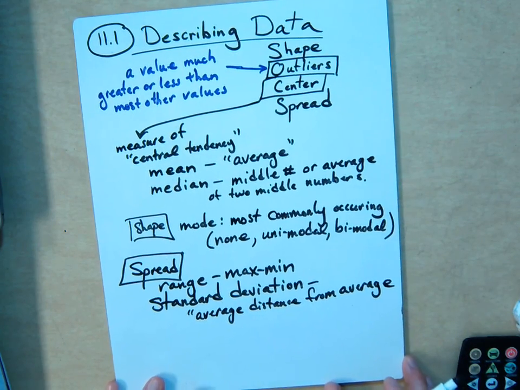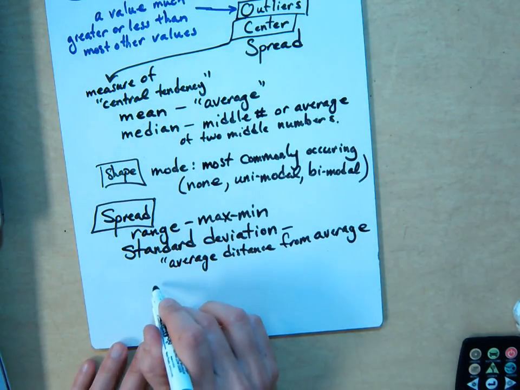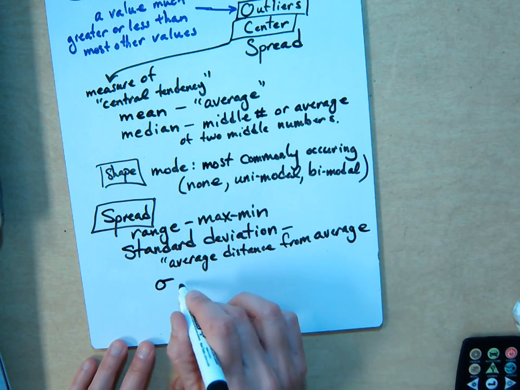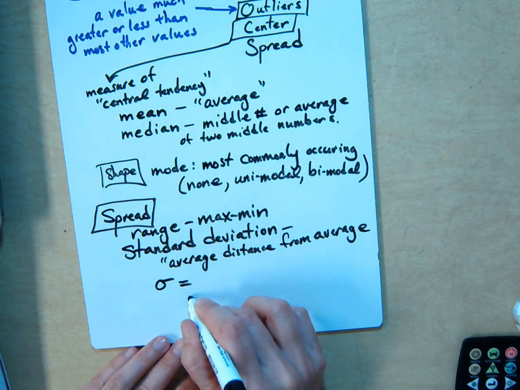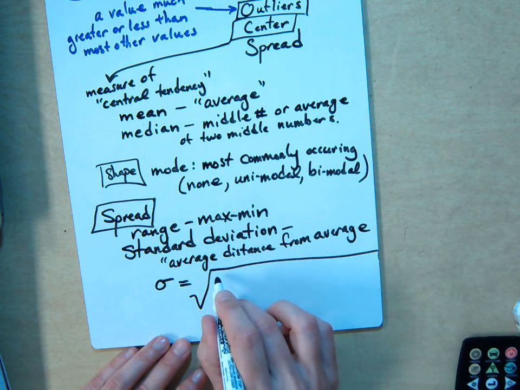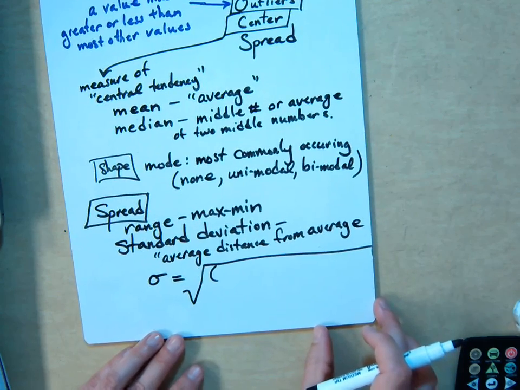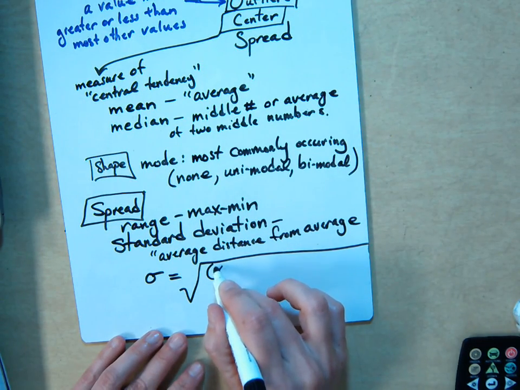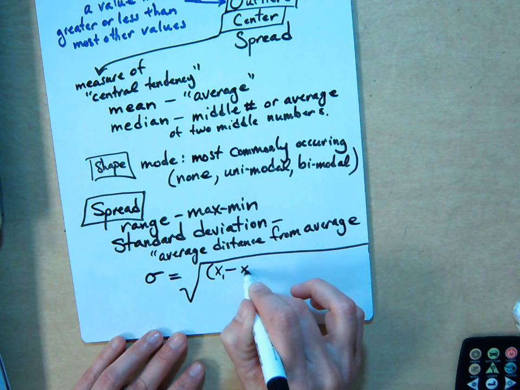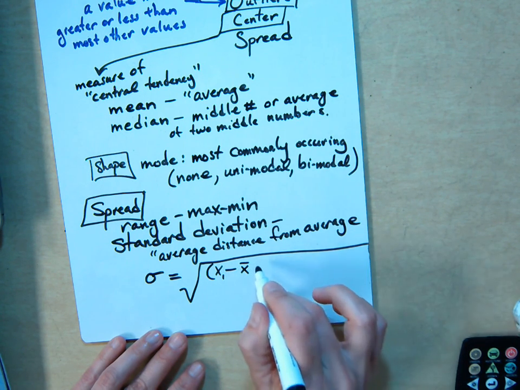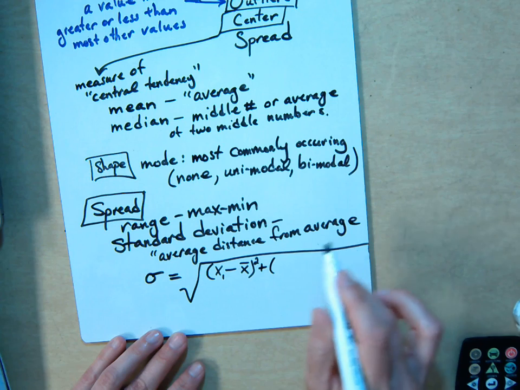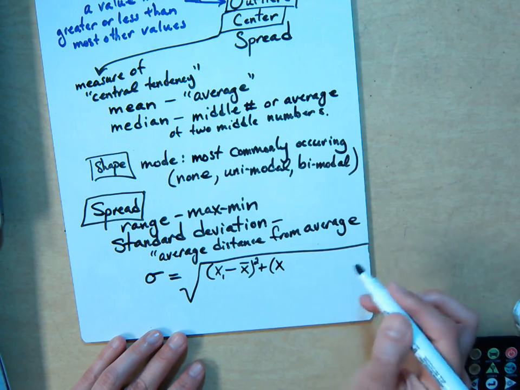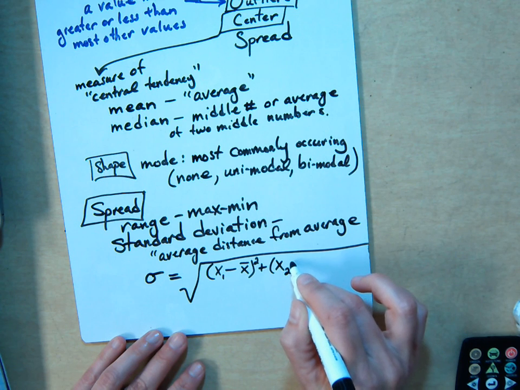And I'm going to put the formula in here so we have everything, even though it was on the worksheet. I want it in your notes. So we use sigma notation for standard deviation, equals the square root of, and it makes sense by the definition, so it should be easy to remember the formula. You take each value, you subtract it from the average, which is x bar, you square each one, and in the end you'll take the square root to undo squaring it.